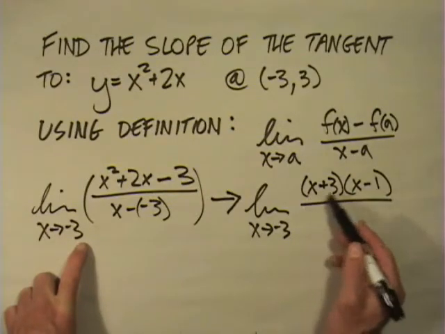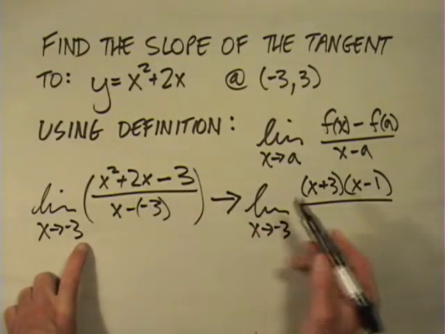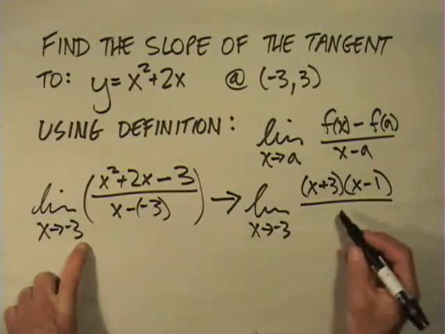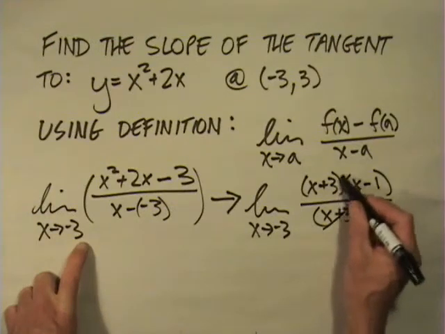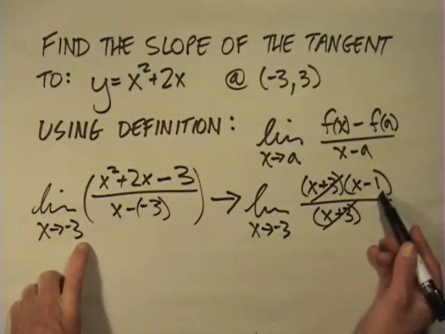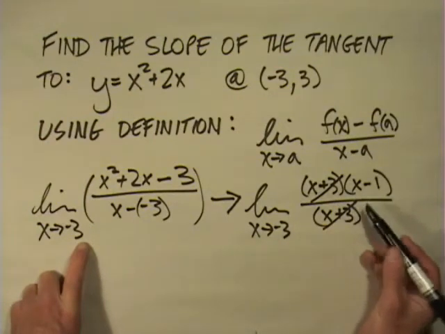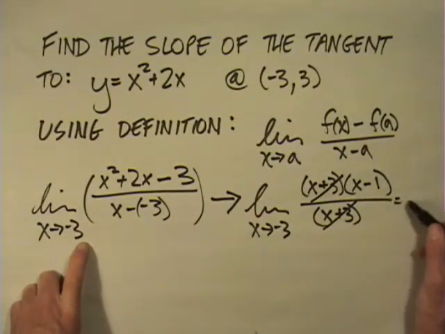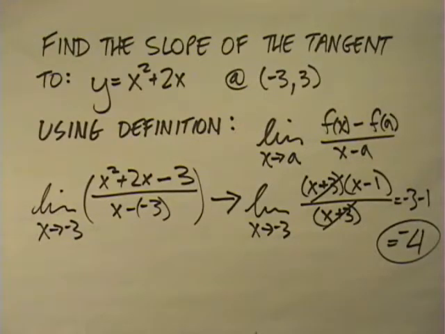And if you FOIL that out, you'll see that you get plus 3x and then minus 1x gives me the plus 2x I want. And when I do x minus -3, I get x plus 3, and lo and behold, these cancel, and I just get x minus 1, which does not have the problem of division by 0. When I sub in -3, that's just -3 minus 1, which gives me -4 as my slope of the tangent line through that point, -3, 3.